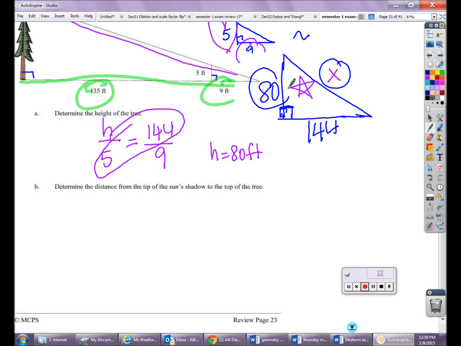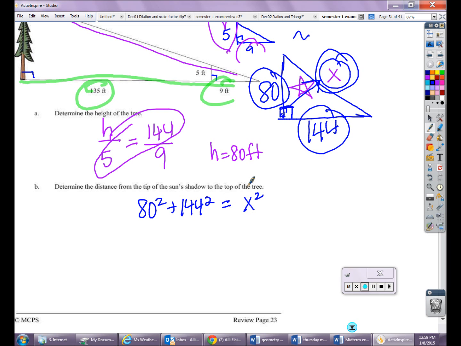So I'm going to do a squared plus b squared equals c squared. All right, x is my loner because it's across the 90 degree. So 80 squared, a squared plus b squared equals c squared. X squared's already alone, so I'm just going to put this whole thing in my calculator. 80 squared plus 144 squared equals 27136. So 27136 equals x squared.